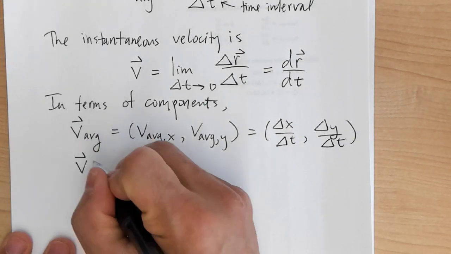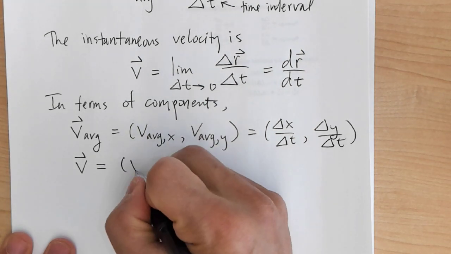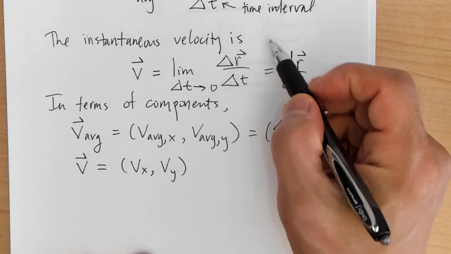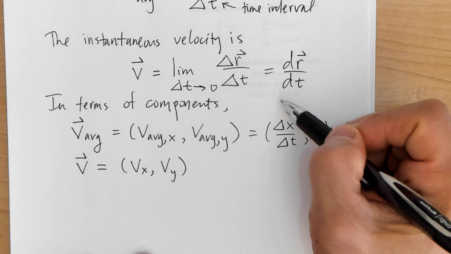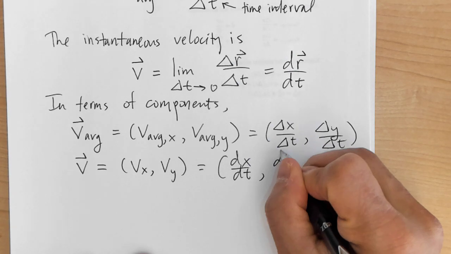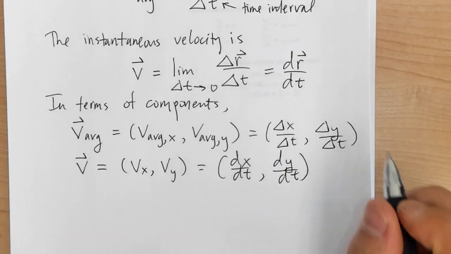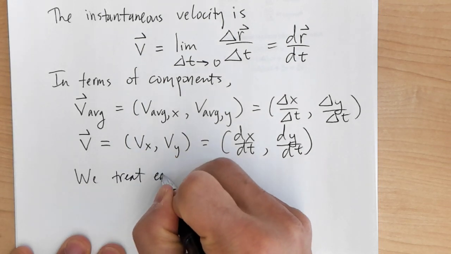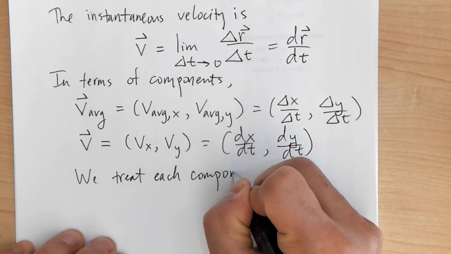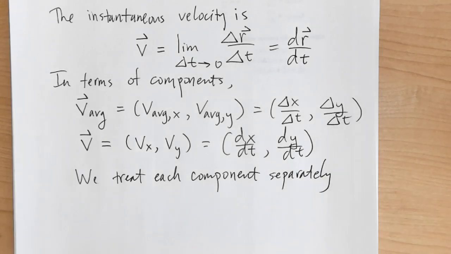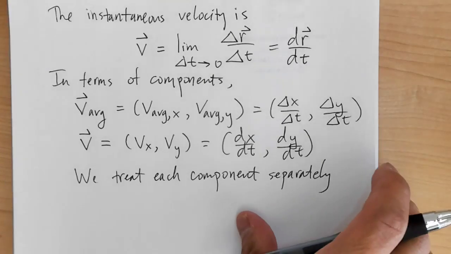If we want the instantaneous velocity, the components of the instantaneous velocity are dx by dt and dy by dt. So we just treat each component separately. All right. Hopefully this is kind of straightforward. If you have any questions, once again, ask the student who's supervising the lecture.